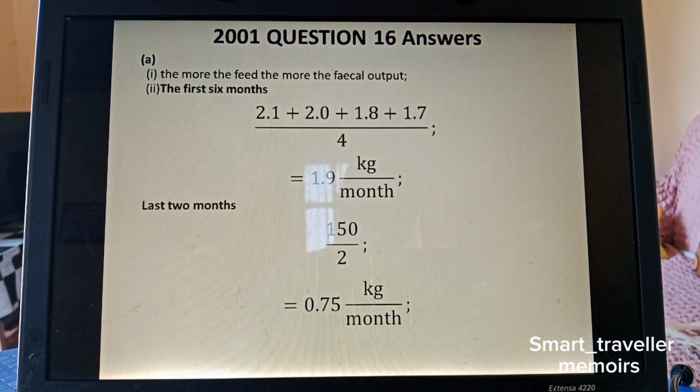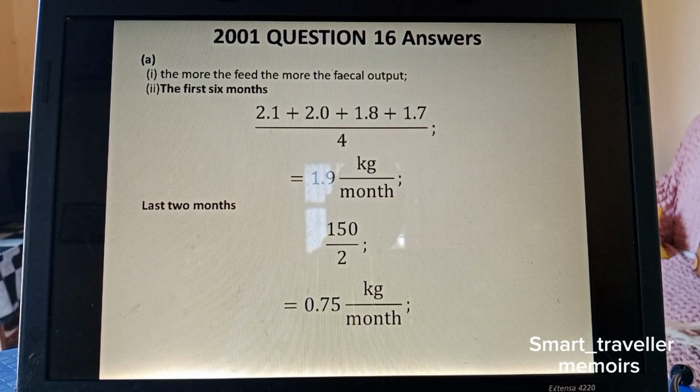Answers to the question. So in question A, the more the feed, the more the fecal matter. The first 6 months, that's the average. You add those kgs and you get 1.9 kg per month.